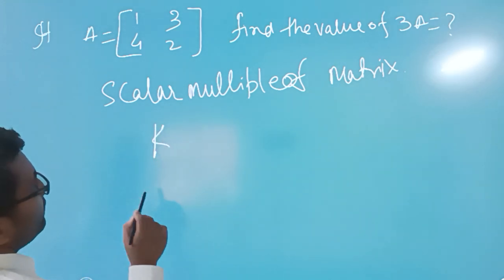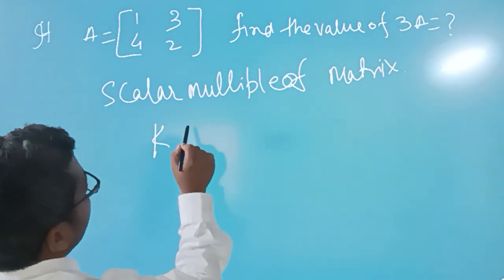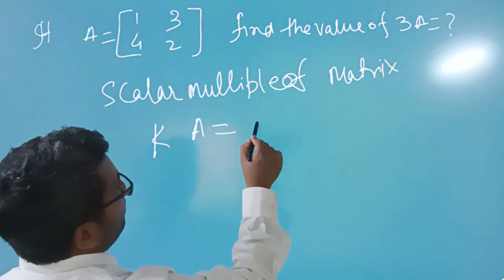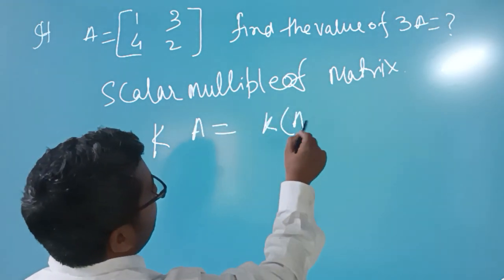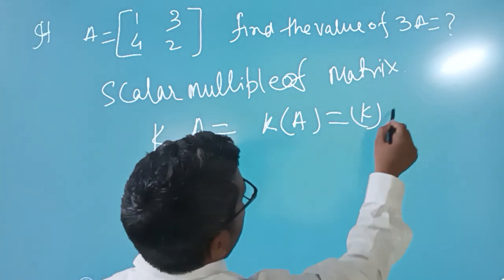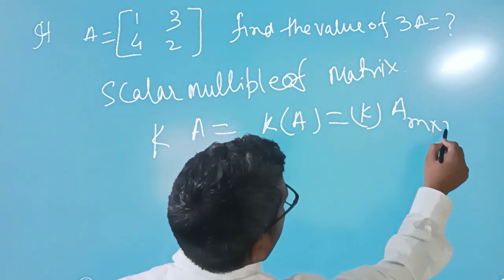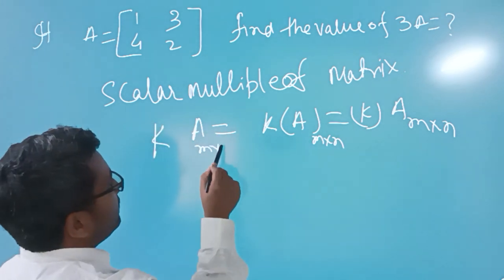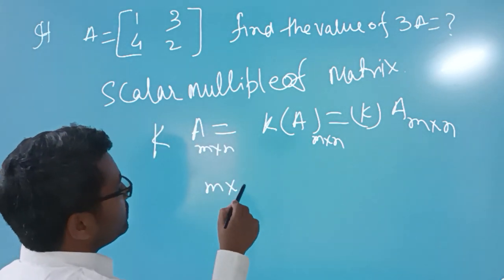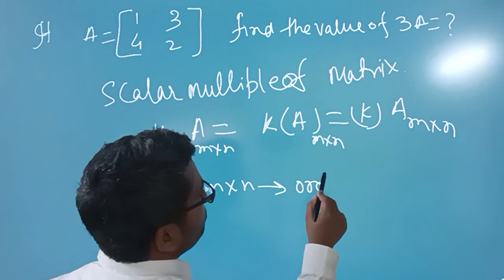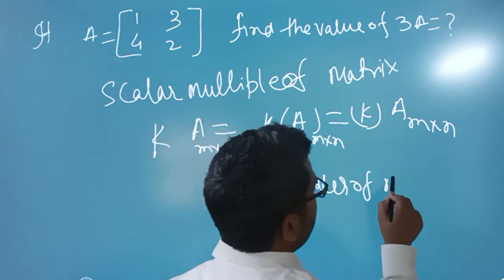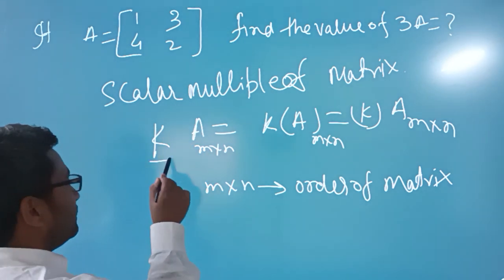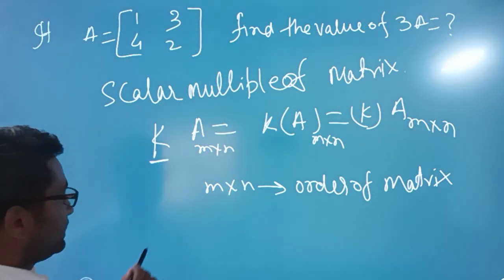Any scalar k multiplied with matrix A of order m cross n, we write as kA.